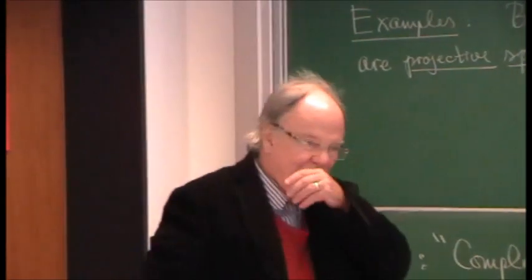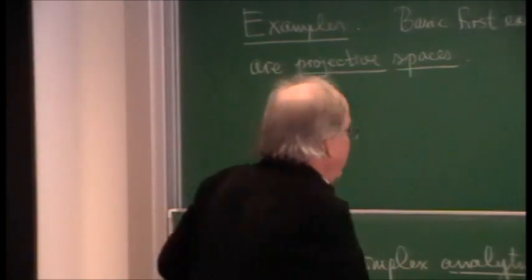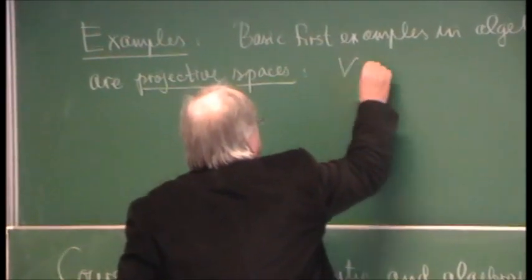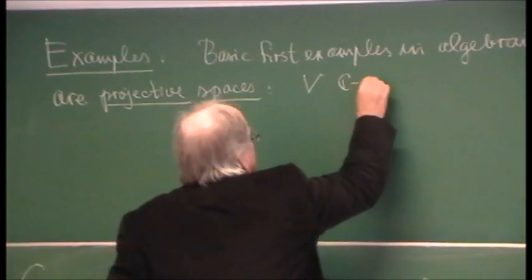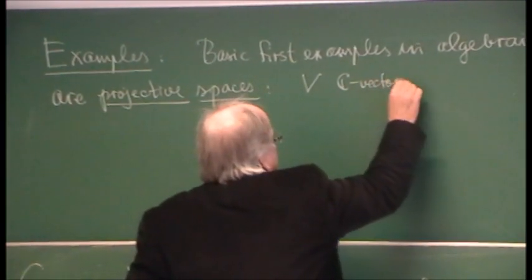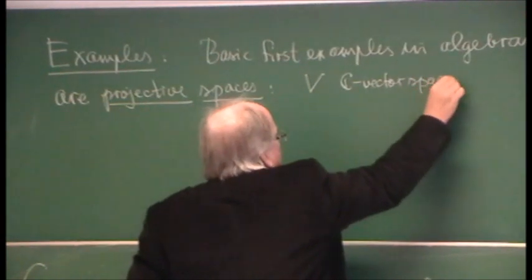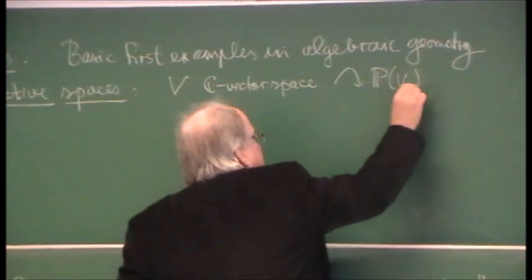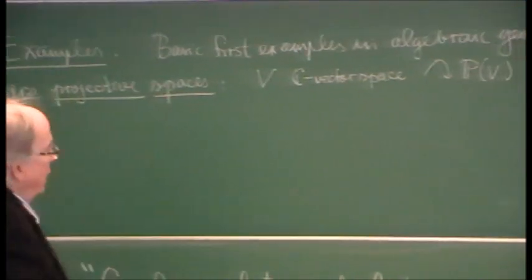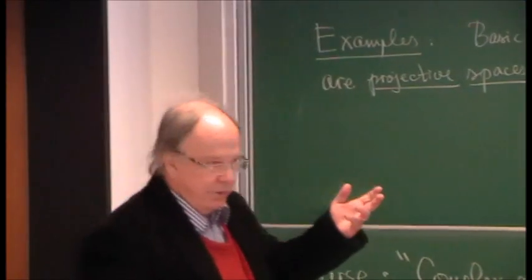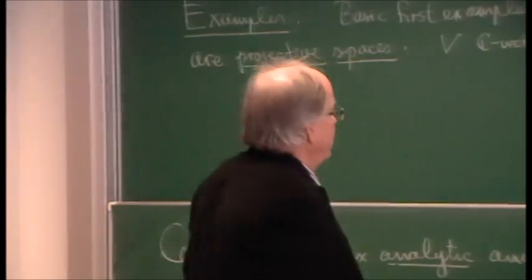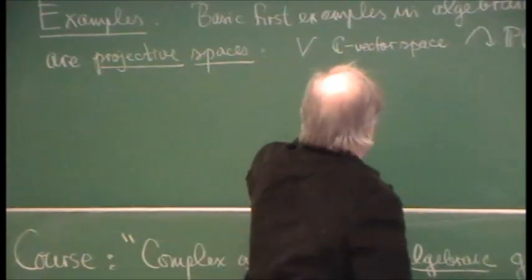Okay. Now, my notation is the following. We start with a complex vector space. Here everything is finite dimensional. And we go to the associated projective space of that vector space. I will explain this, but this is just notation.